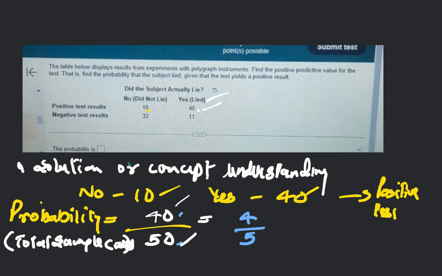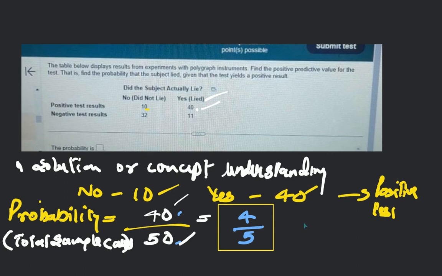So my answer is 4 over 5. But it says round to 3 decimal places as needed. Okay, in the answer part we didn't see that. So in that case, we can simplify this. Divide 4 by 5. So you get 0.800.